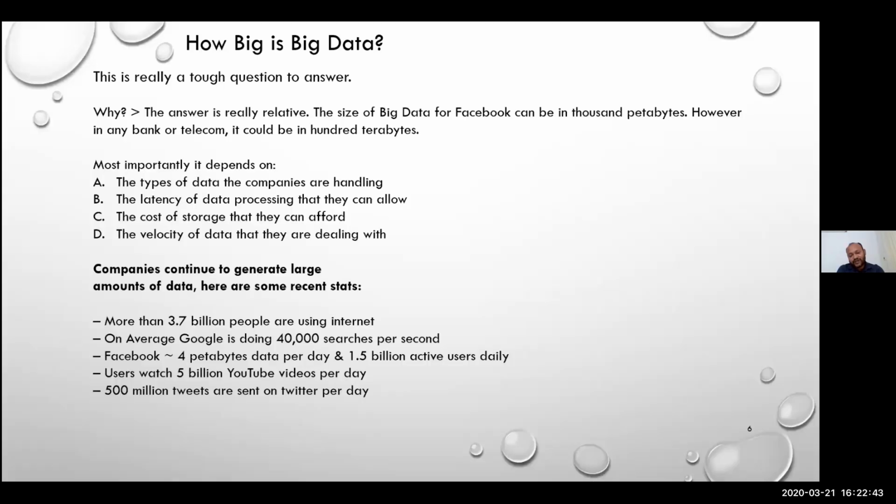All these questions relate to whether we say it is a big data set, or whether we need to deal with the problem using big data.